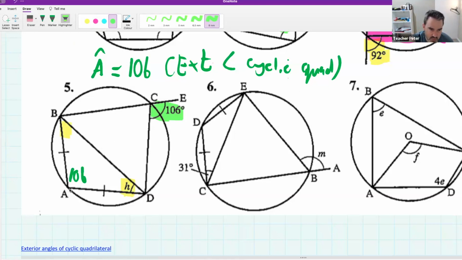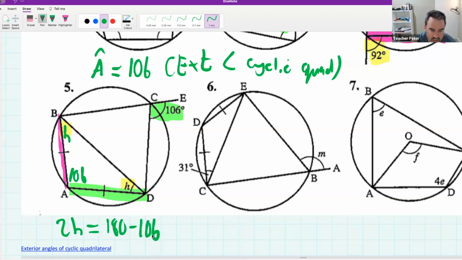Yes, yes. So Calendar suggested, and so has Tramulo, that these ones are equal, which means the angles opposite them must be equal. So essentially, we know this is an H as well. And so what we can say is that 2H, so the two H's are 180 minus 106 because of angles opposite equal sides.